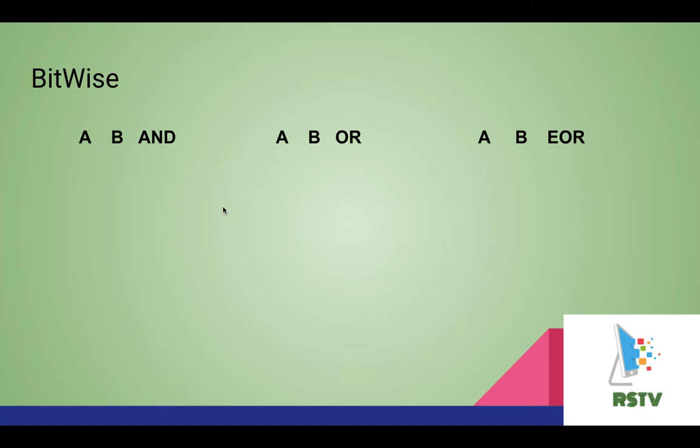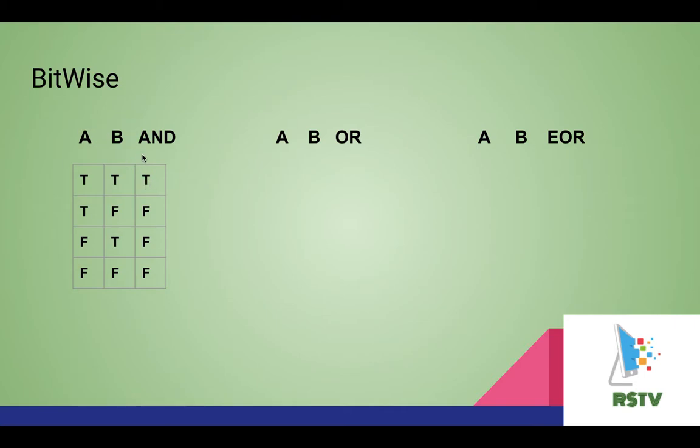We'll see the AND operator first. Assume the A condition is true and the B condition is also true, then the output is true only.